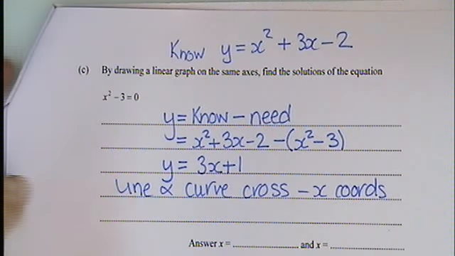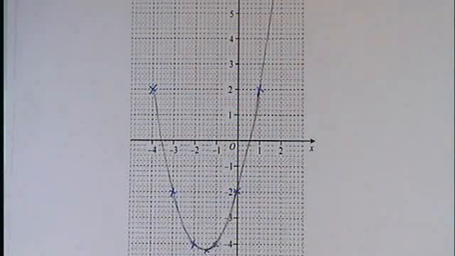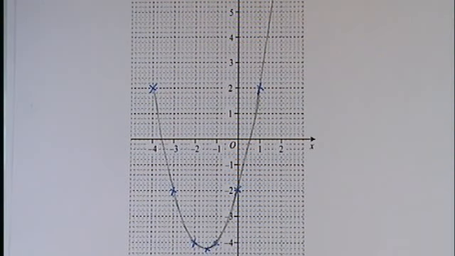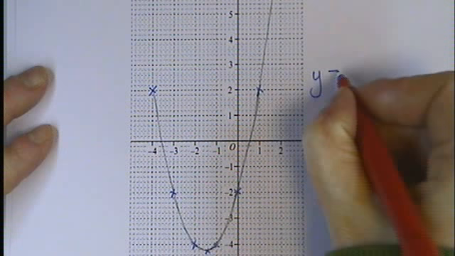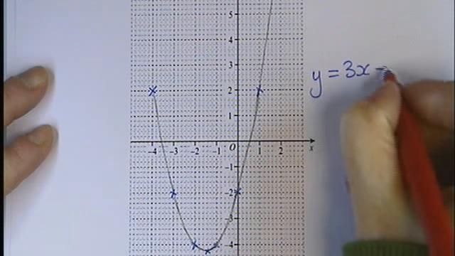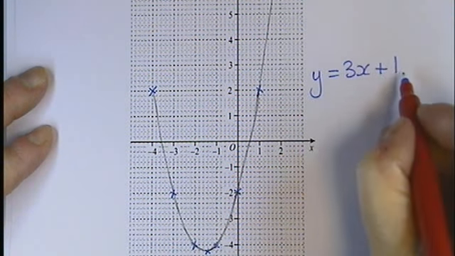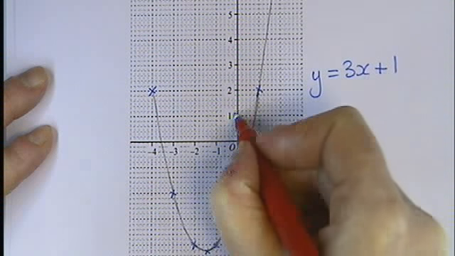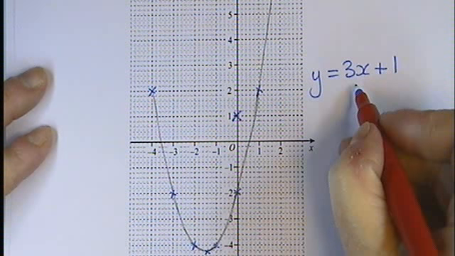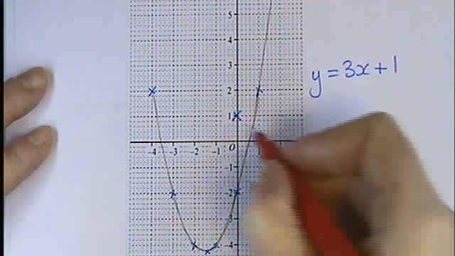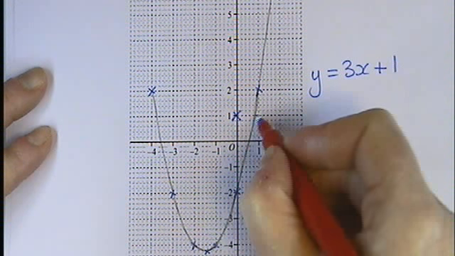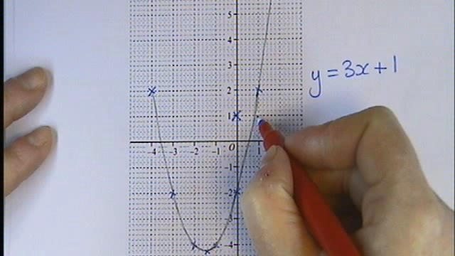So I'm going to flip back to the graph, and we're going to draw on the graph that we've already got drawn y equals 3x plus 1. So intercept of 1 and a gradient of 3. And again, we need to be careful with the scales. So it's 1 box across or 1 unit across and 3 up.